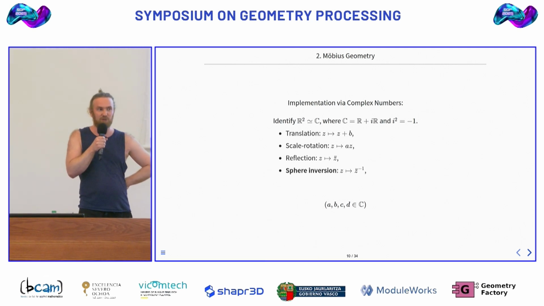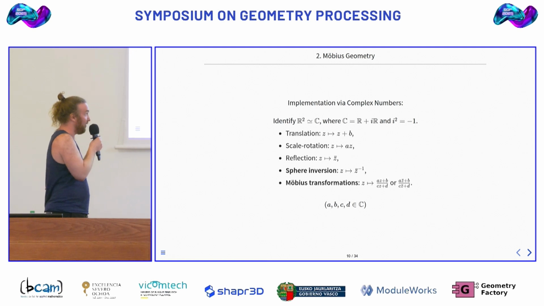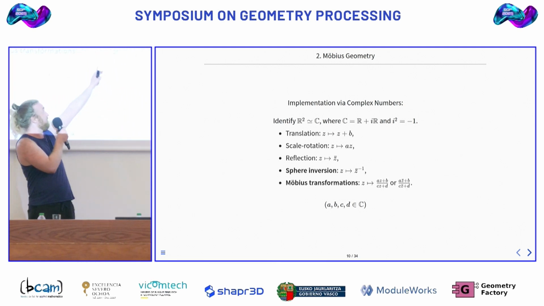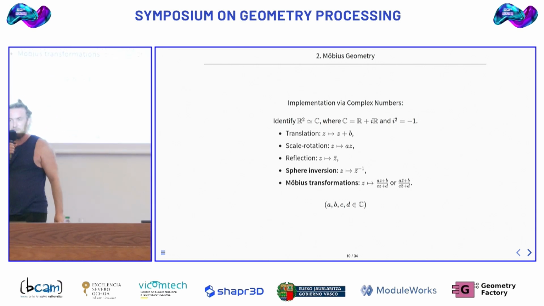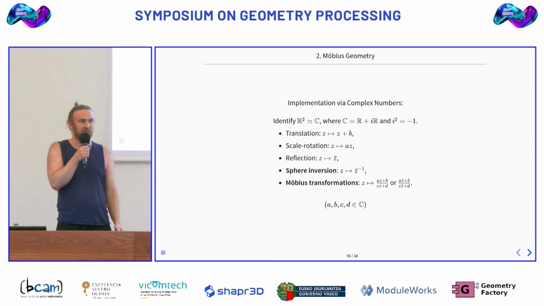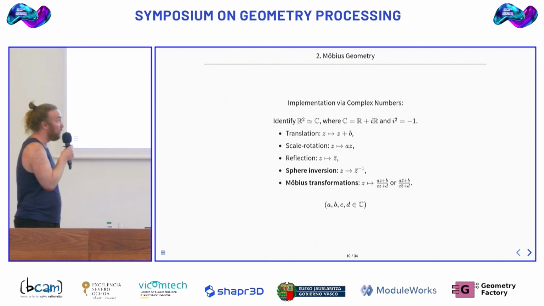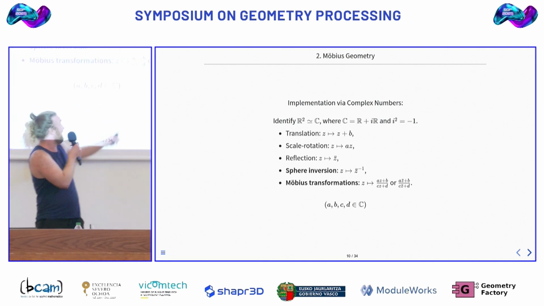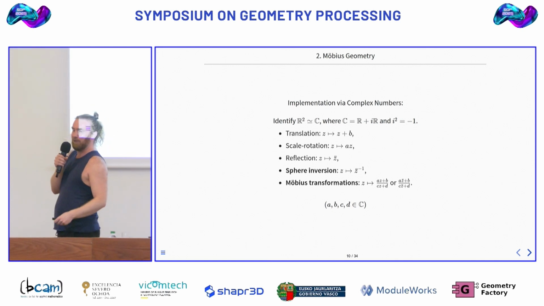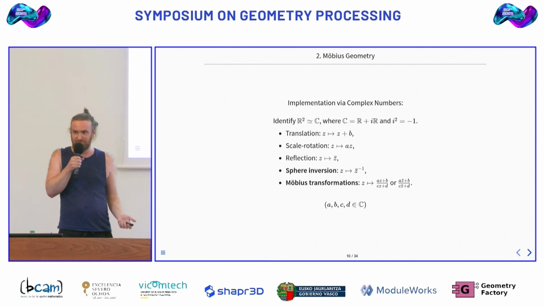I just take the inverse conjugate, and I can combine all of them to get a Möbius transformation. Either it's orientation preserving or not, and this is the form. And if I compose Möbius transformations, it will still be a Möbius transformation, so that's very practical. And if you want, you can represent this as a matrix A, B, C, D, and composition will actually be matrix multiplication. So it's really almost trivial.